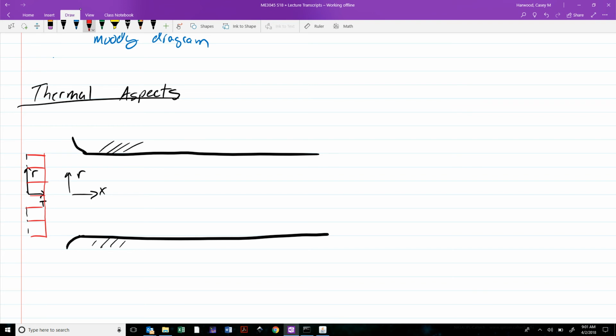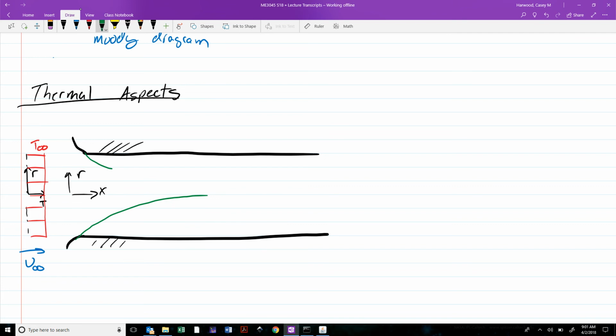So we'd say this is T infinity, and the whole thing is flowing in at u infinity. Just like in the case of the velocity, we're going to end up with a boundary layer, but this one is going to be the thermal boundary layer, not the velocity boundary layer.